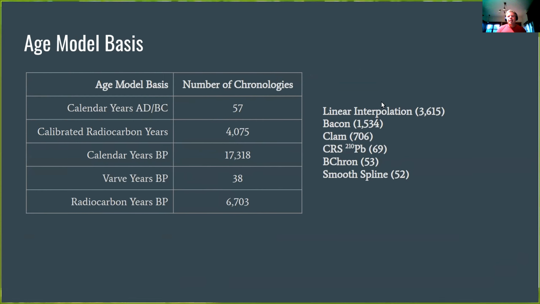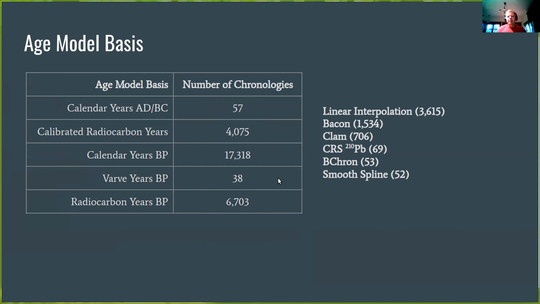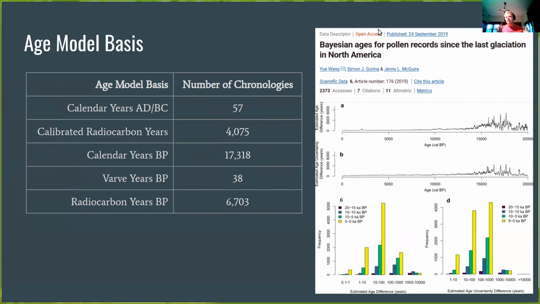And you can see there's a bunch of different types of models being used to build these chronologies. The fact that there is such variability means that there's a bunch of people doing large synthesis work.